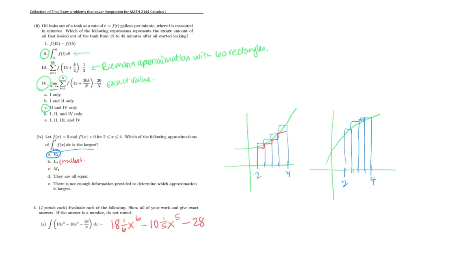So I'll have 28 natural log absolute value of x plus c. If you want to simplify, I'll have 3x to the 6th minus 2x to the 5th minus 28 natural log absolute value of x plus c.